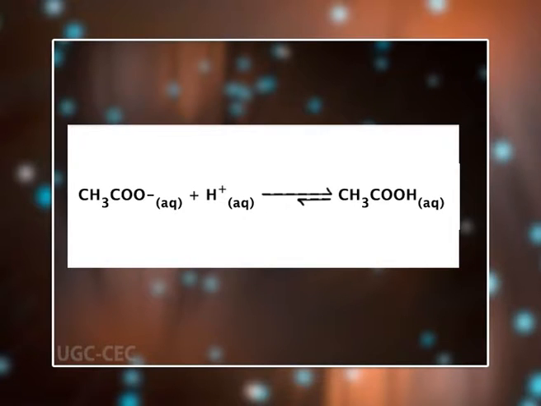Symbolically, we can show CH3COO- aqueous, that is ethanoate ion, reacting with H+ aqueous ion to generate CH3COOH, that is ethanoic acid. Since most of the new hydrogen ions are removed, the pH won't change very much but will remain nearly constant.